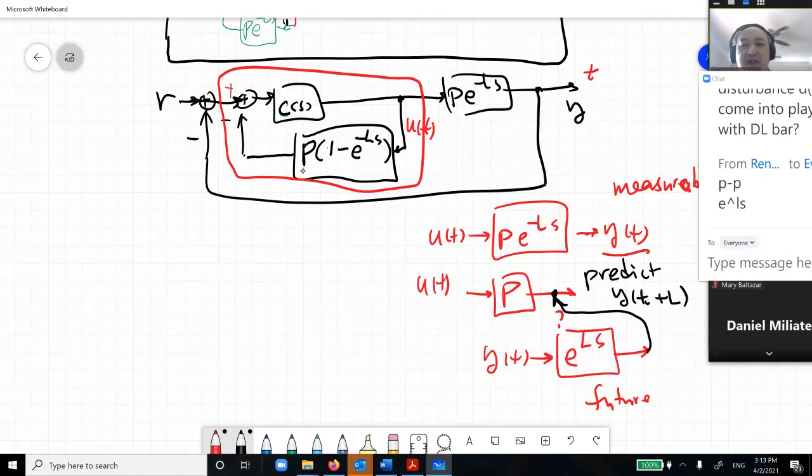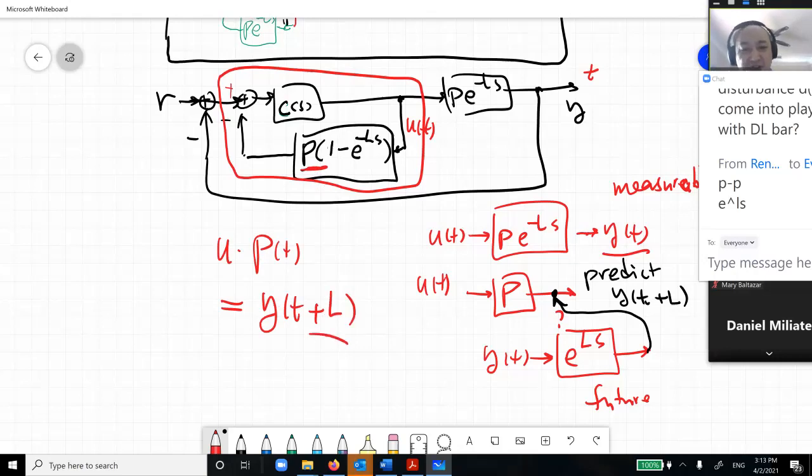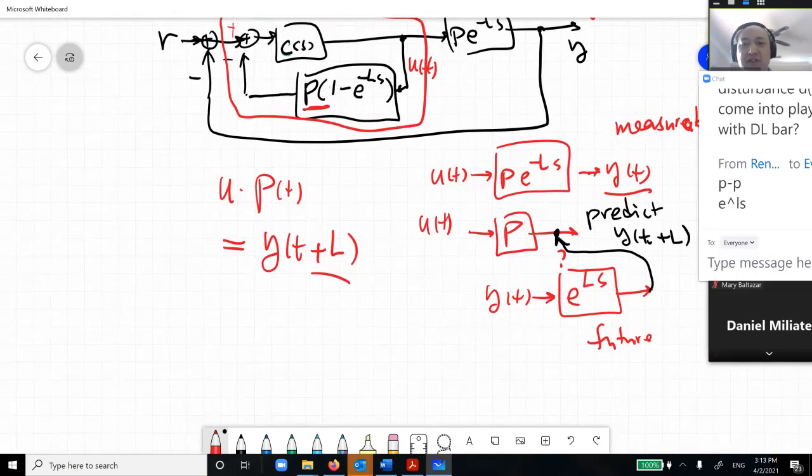So this P thing here, u times P, is actually y at t plus L. So this is the future, okay? While u P e^{-Ls}, this is y.